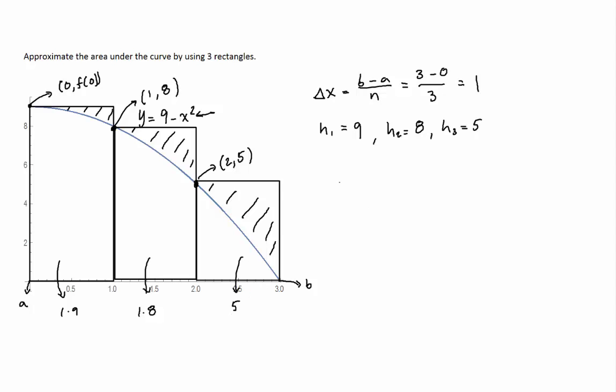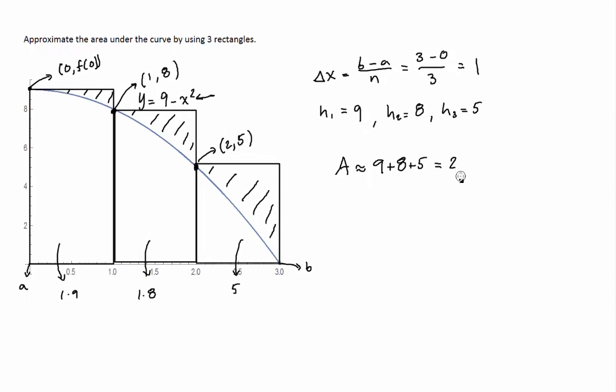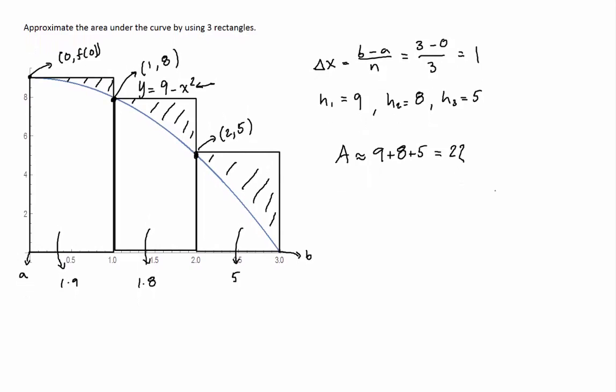So my rough approximation would be 9 plus 8 plus 5. I'm just adding the areas of each one of these rectangles, and I get that that's going to be 22. Sorry, it scrolled when I didn't need it to. So 22, and let's say units squared, just to denote that it's an area.